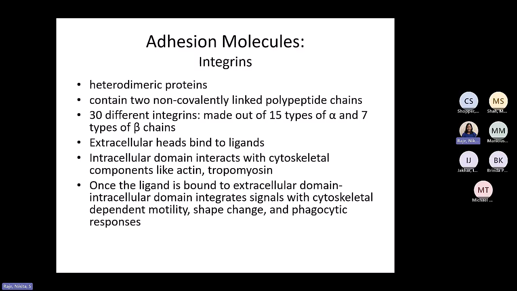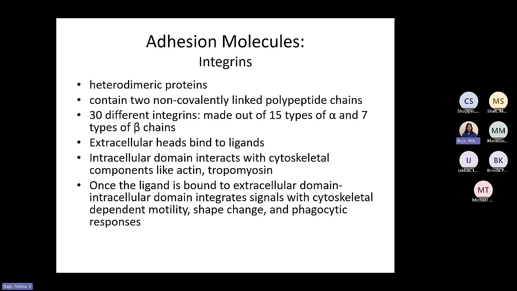They have an extracellular head that binds to the ligand, and an intracellular domain that interacts with cytoskeletal components like actin and tropomyosin. With those names, you can imagine that helps in movement of the cells, right? So the intracellular domain that binds to the actin tropomyosin will end up in the movement of the cell if the extracellular head is bound to its ligand.